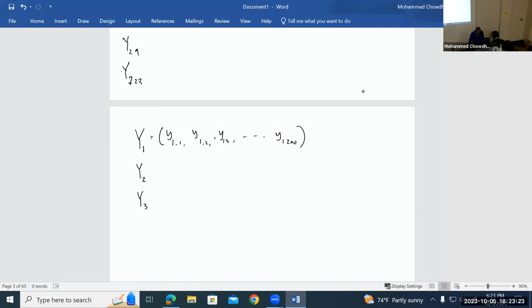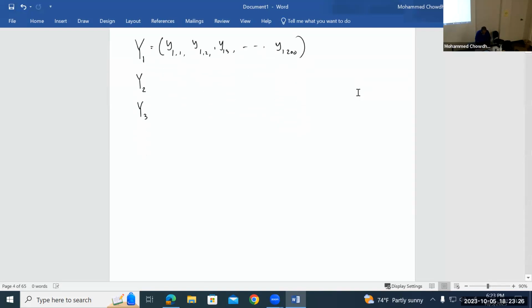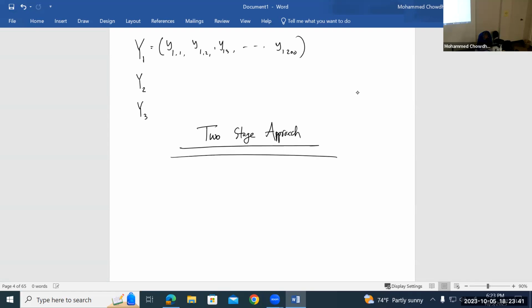After this, as you understand the notations, now we are going to apply the two-stage approach. How does the two-stage approach start? It is clearly written, right? The first stage assumes a subject-specific linear model.